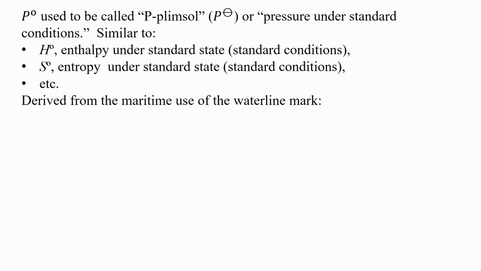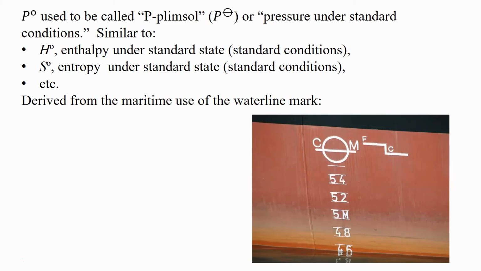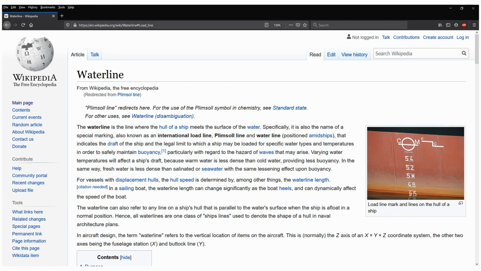It's kind of interesting, a little bit of trivia: this is derived from the old maritime use of the watermark line. We used to hear about this about 30 years ago, and of course it had gone out of use 30 years prior to that. But it's kind of interesting information, and you're all welcome to read about it on Wikipedia.